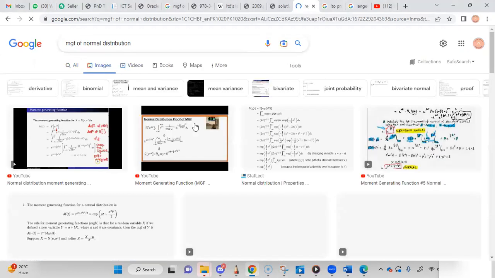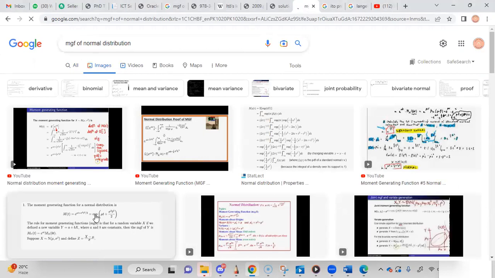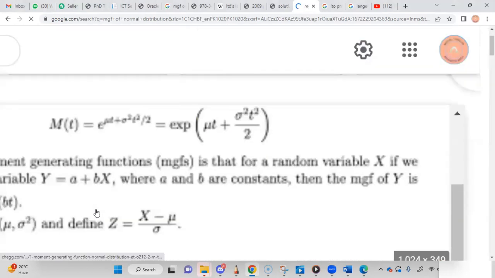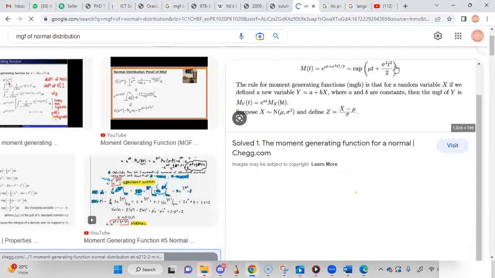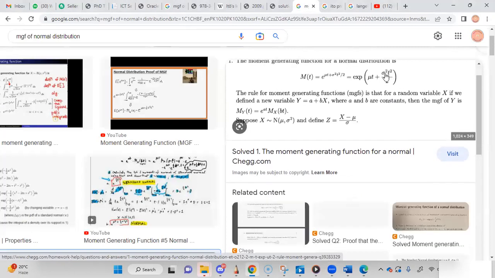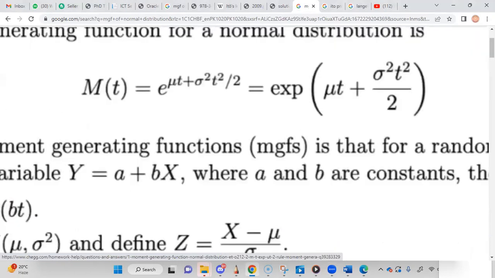I'm telling you that this is the MGF of the normal distribution. This guy over here is going to be the MGF of the normal distribution.